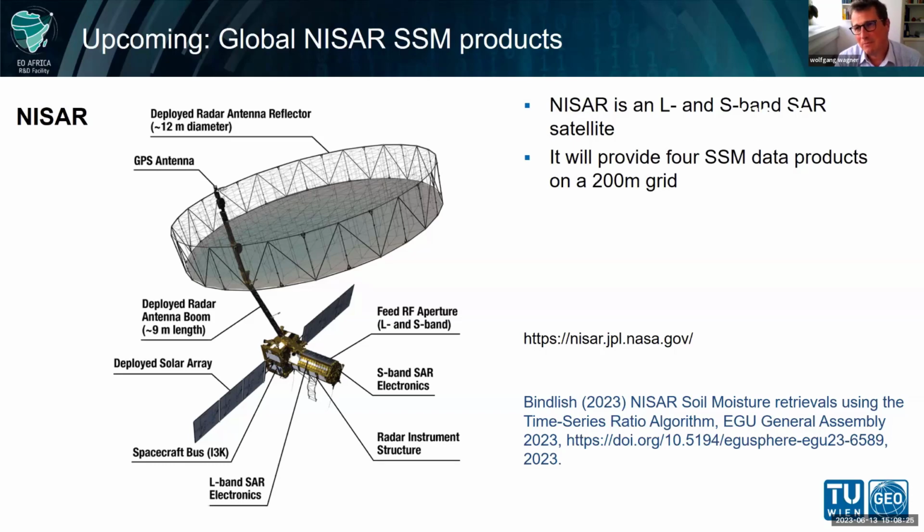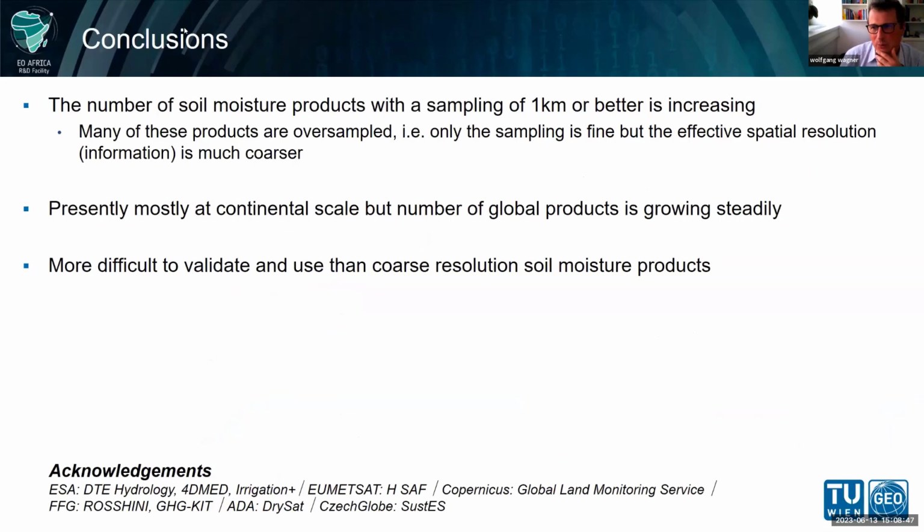Yeah, and if the launch will happen in January of next year, that's the current planning, then you might have the first 200-meter NISAR-based products by the end of next year. We're also very curious to look at how the products look like. So that brings me to the conclusions.